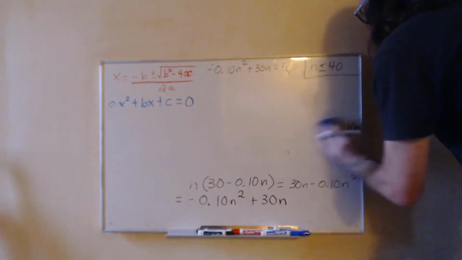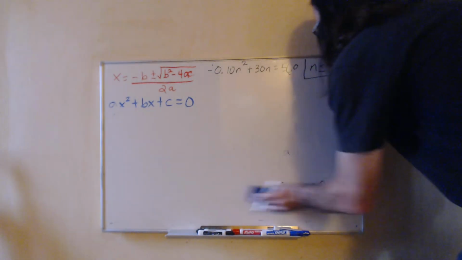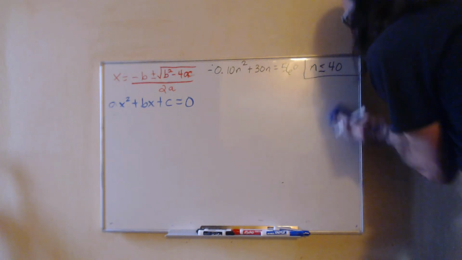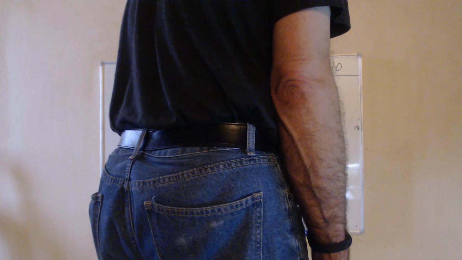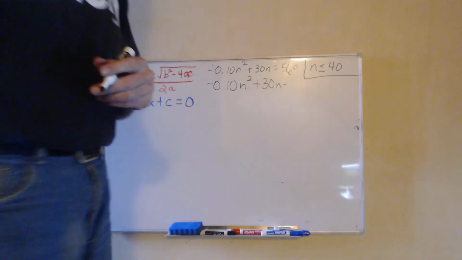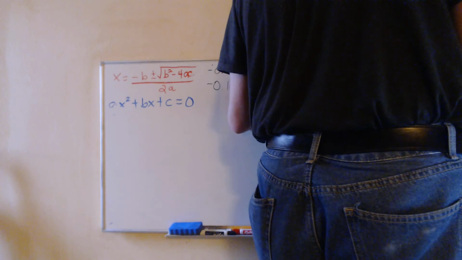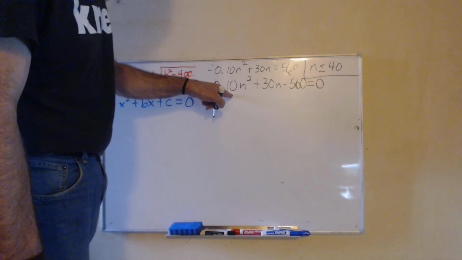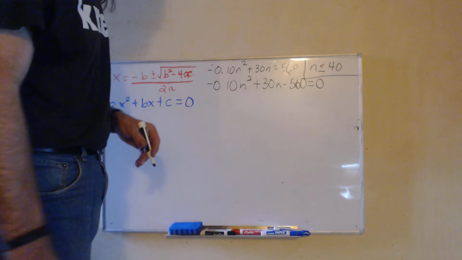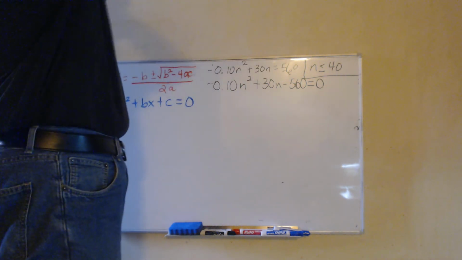I'm going to get that in standard form by subtracting the 560. Now the 0 after the 1 here is superfluous, but the other zeros are not.